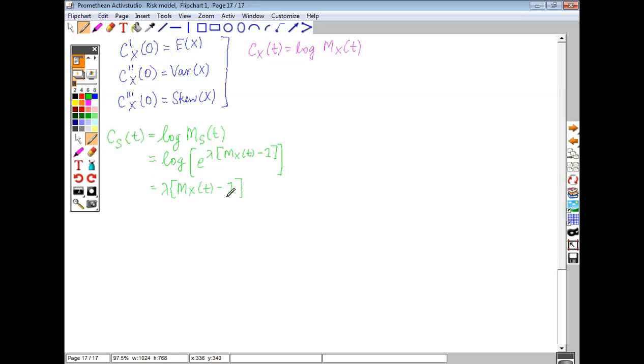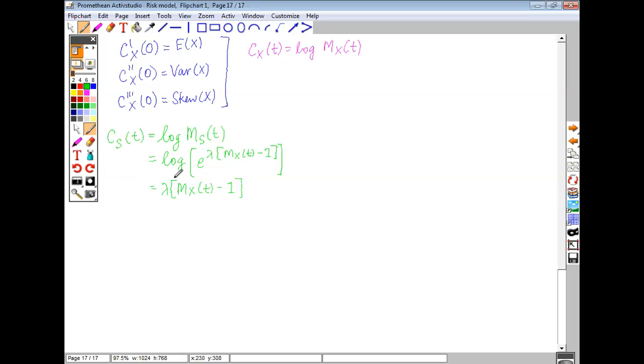But again, now we are stuck. Do we really know anything about our M_X(t)? Can we simplify it further? No. So let us see what happens if we differentiate it, because to derive the skewness I have to differentiate it thrice.